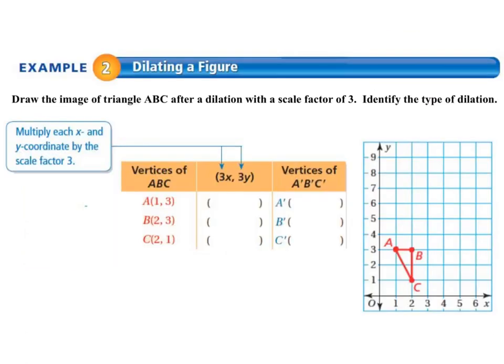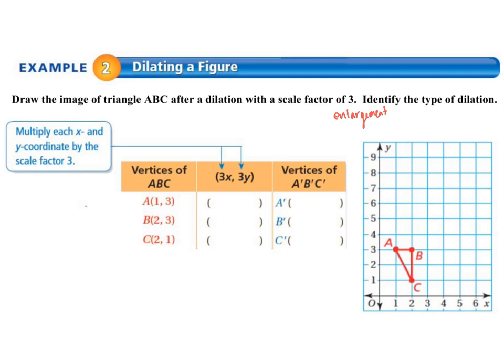So we've got this triangle ABC, and it says to draw the image of triangle ABC after a dilation with a scale factor of 3, and identify the type of dilation. So first, scale factor is 3, so think for a sec, is it getting bigger or getting smaller? Hopefully you're thinking it's going to get bigger. That's called an enlargement.